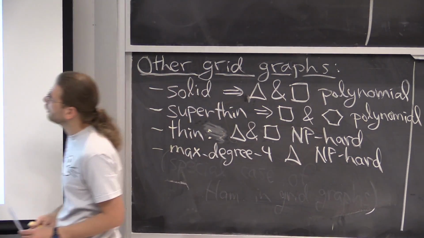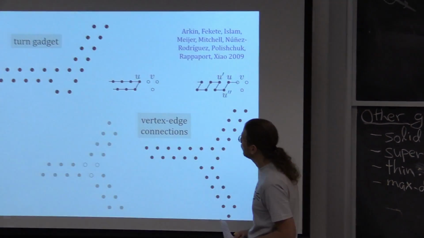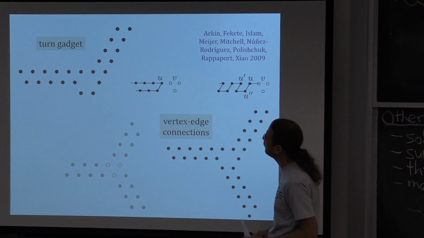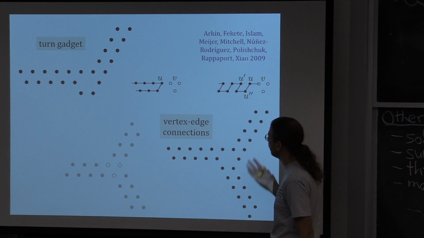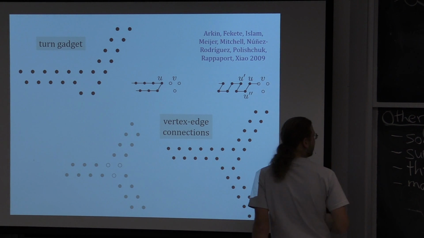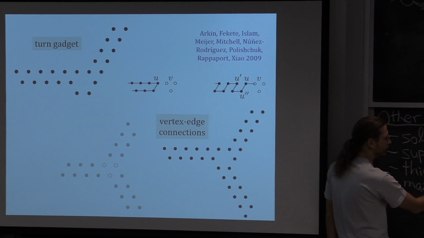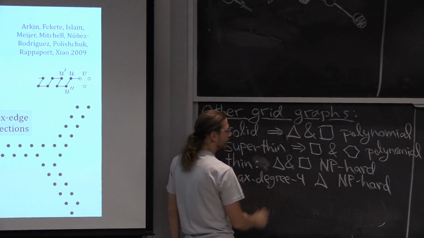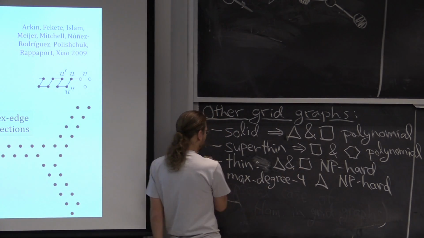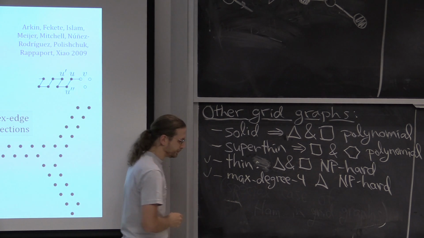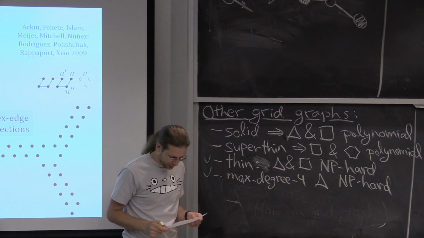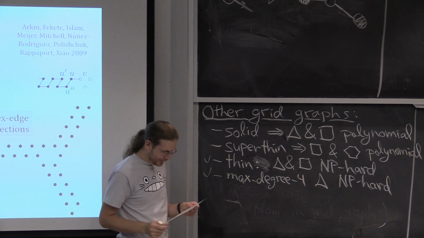This reduction should also be thin. The previous one may have also been thin, but again, all of the vertices are on the boundary. So this is the thin triangle is hard. Max degree 4 triangle is hard. We did this one. So we've done all the hardness proofs. Okay, that will cease to be the case in a moment.